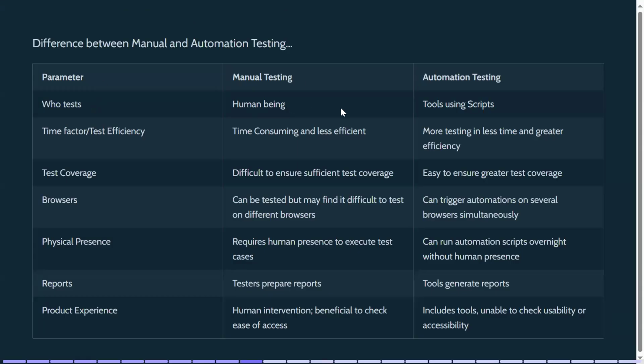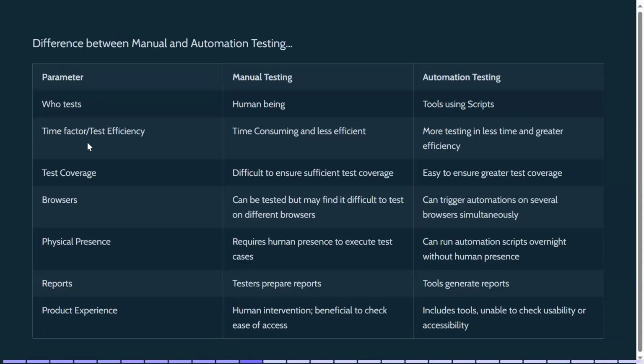Automation testing, who does it? There are n number of automation tools available in the market. You guys know Selenium, Tosca, Playwright. By using those tools, the automation will be triggered and executed.